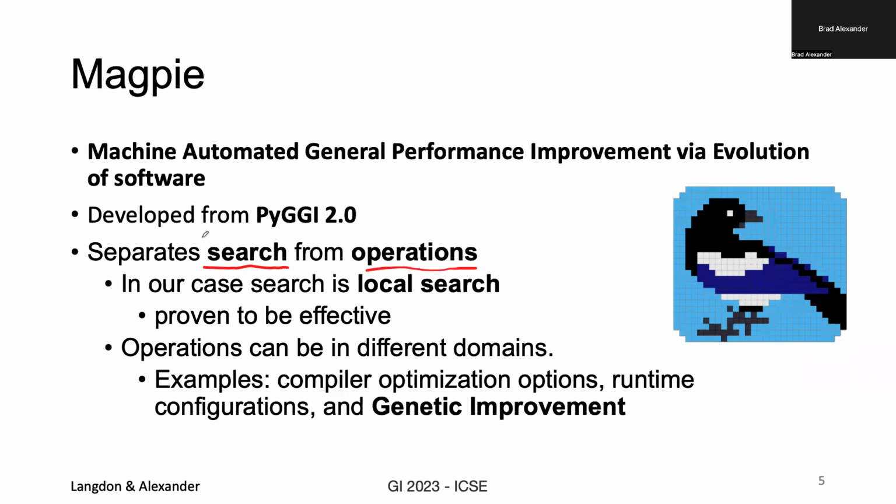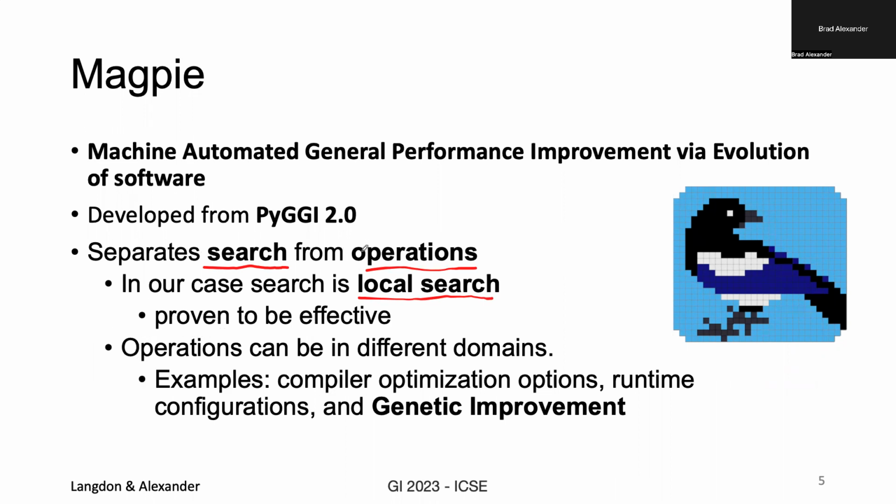This is a very powerful idea, and you've seen it in things like strategic rewriting systems as well, where you have a separate search strategy, and then you have the local operations for applying them. In our case, the search strategy we use is simple. It's local search because it's proven to be effective and it's easy to apply. So we simply look greedily at local improvements and then latch onto them when we're searching for software patches.